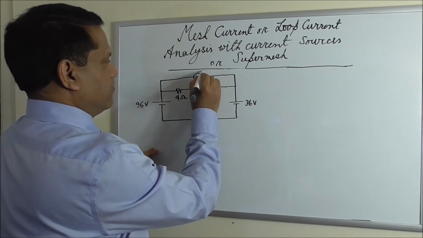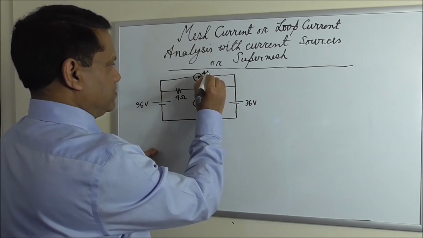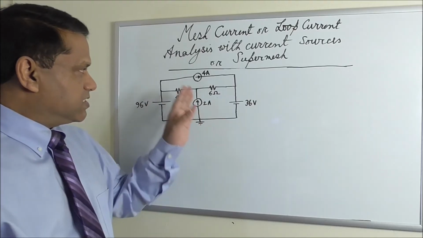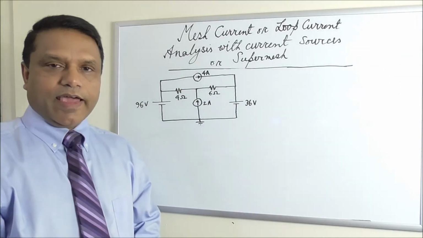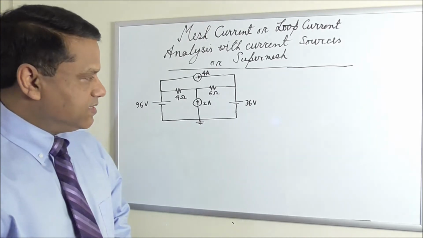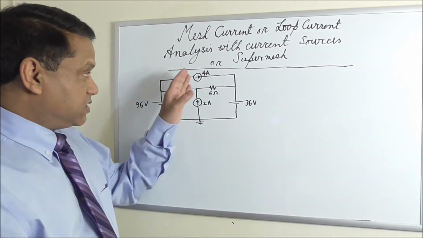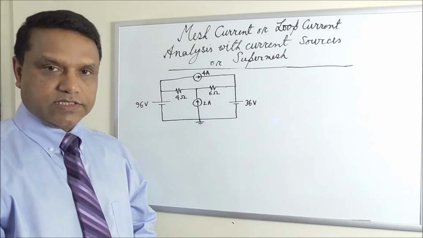And let's call it 4 ampere. We have two voltage sources and two current sources. And if you look carefully, you will see we cannot really convert these current sources into voltage sources.